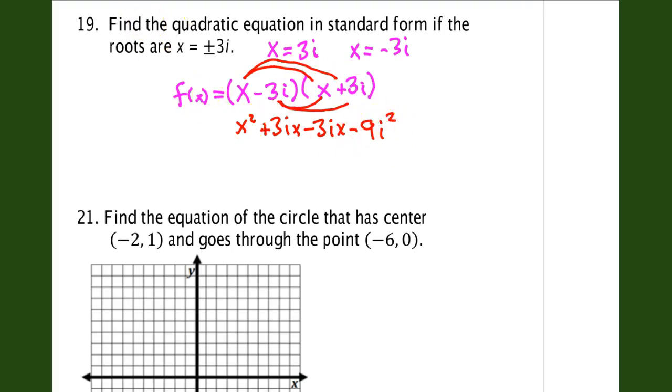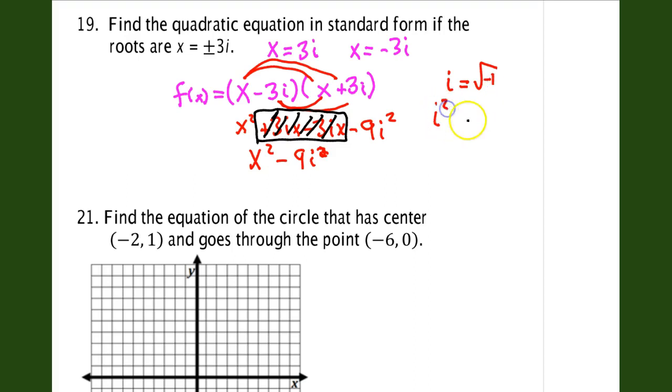So here, we still have these canceling out. So we're left with x squared and minus 9i squared. Now we can simplify i squared. Recall that i equals the square root of -1.